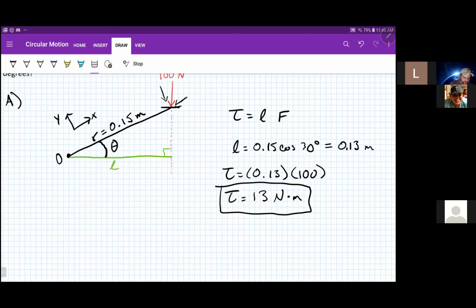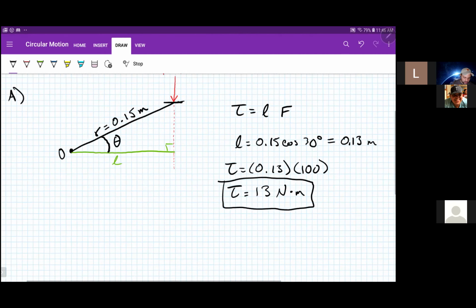I would have had to do a couple of different trig functions and figure out exactly what this angle is. It's more complicated than it needs to be. So we use tau equals L times F instead of R times F to simplify things.